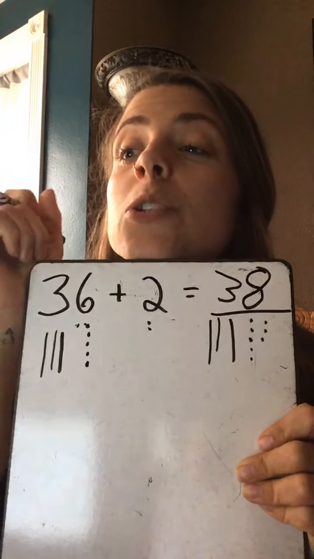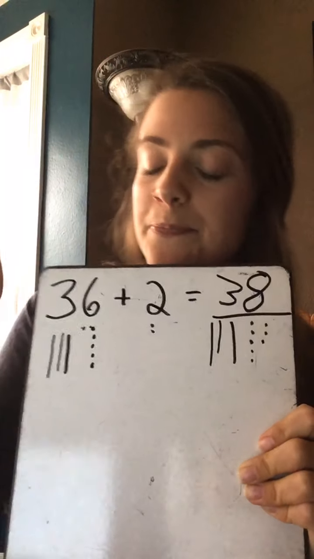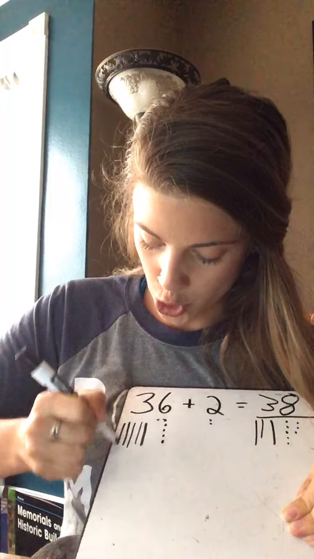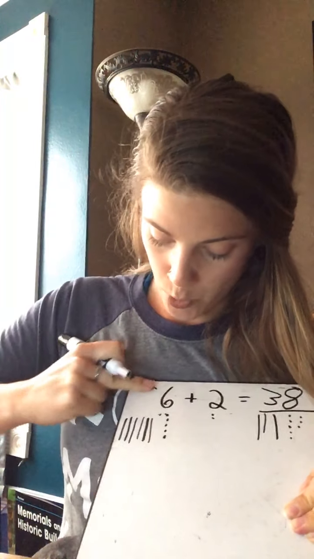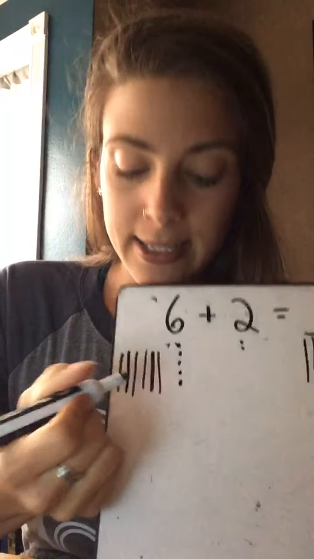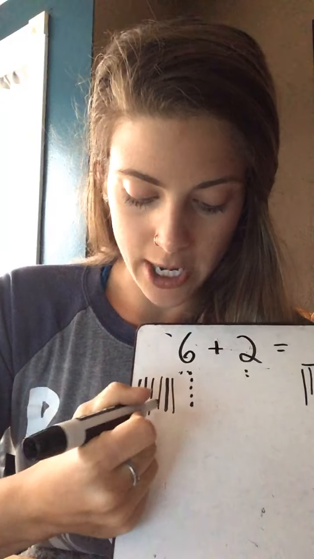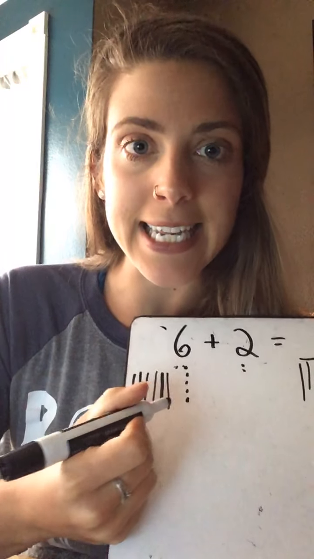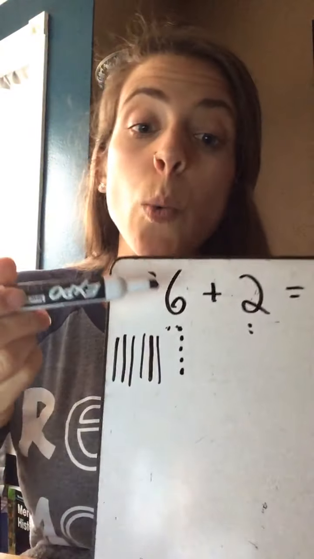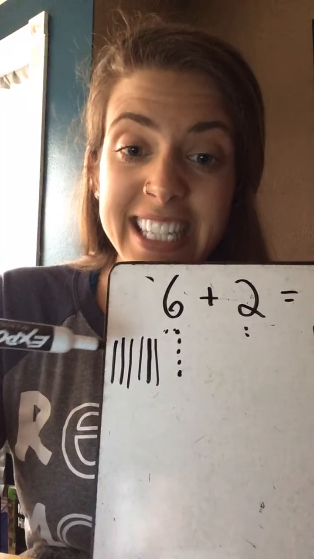Okay, let's do an even trickier one. You ready for this? I'm going to add 3 more tens. 1, 2, 3. Whoa, this number's going to get so big. Let's count by tens. 10, 20, 30, 40, 50, 60. 61, 62, 63, 64, 65, 66. We know our ones are still a 6, so it's 66.